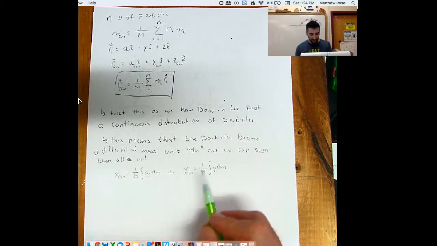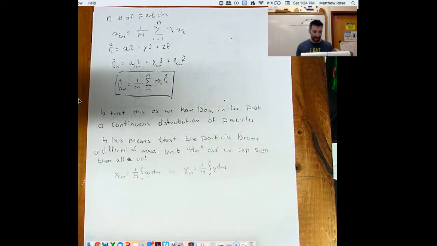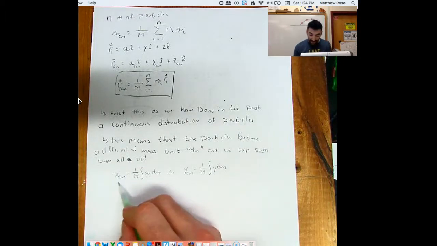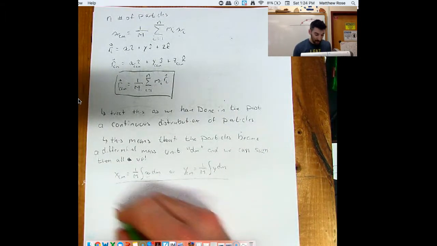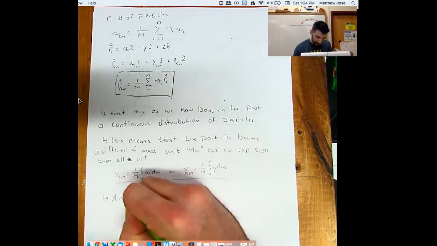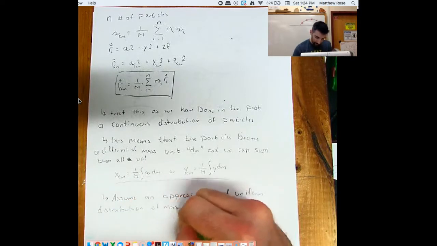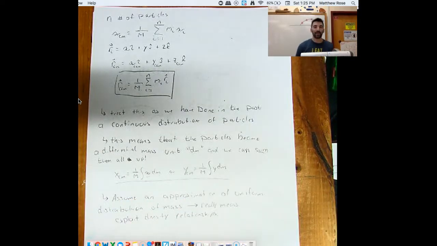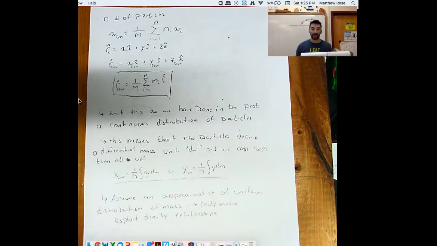What does uniform mass mean? Well, a uniform mass really means a uniform density, so to speak. So when I know I have a uniform mass distribution, we're going to make some assumption to start. We're going to do this. We're going to exploit density relationships.